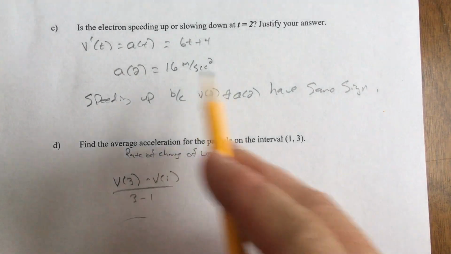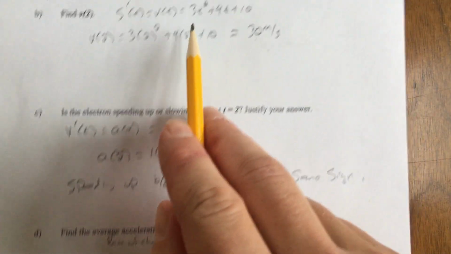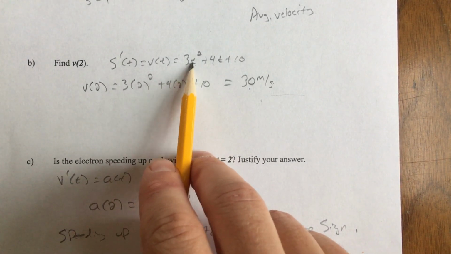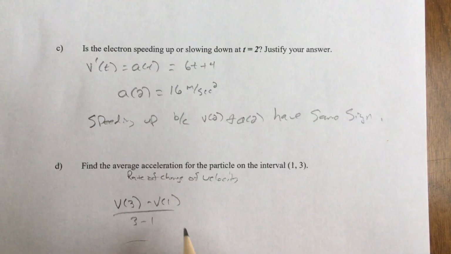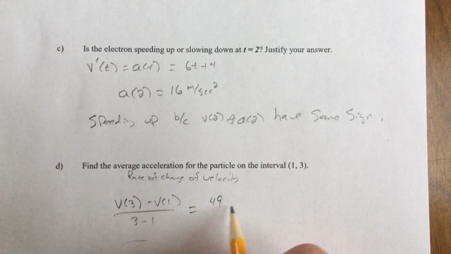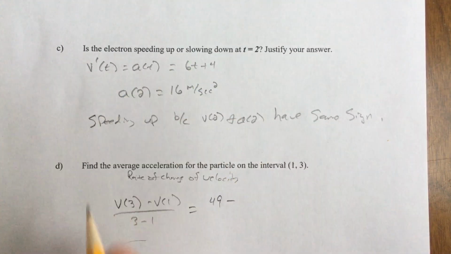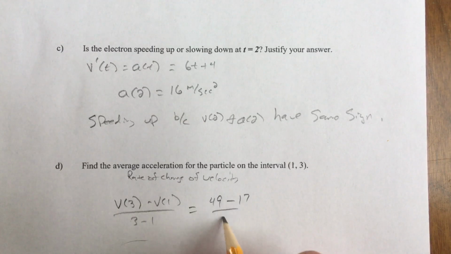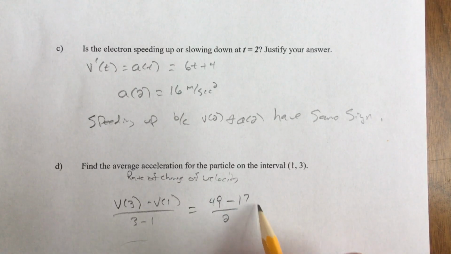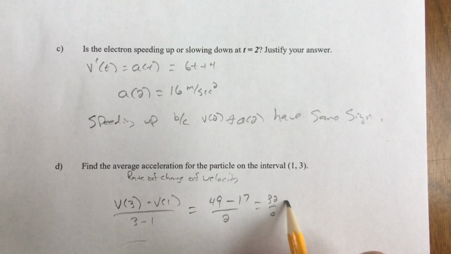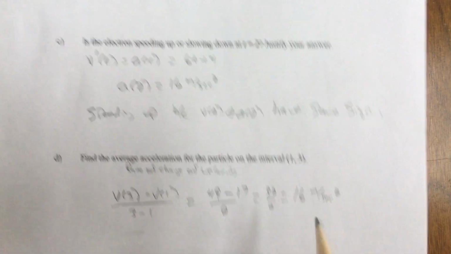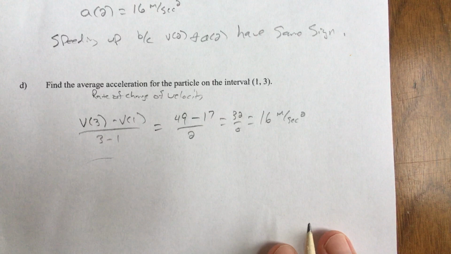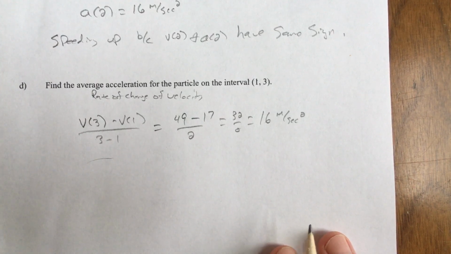All right, so if I put 3 into the velocity equation, I get 3 times 3 squared is 27, plus 12, 39, plus 10 is 49. If I put 1 into the velocity equation, I get 17. So I end up with 32 over 2, which is 16 meters per second squared. That's my average acceleration between 1 and 3.